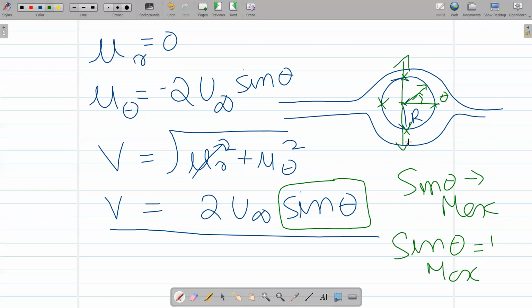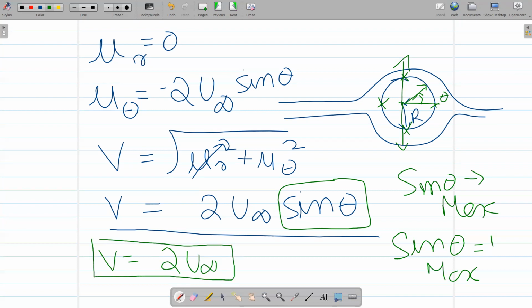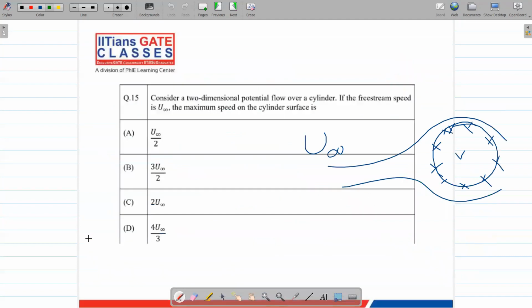Since we're concerned only about the magnitude of velocity, let's take theta equal to 90. So velocity is equal to 2 u infinity sine 90, which will be nothing but 2 u infinity. So the maximum value of the velocity that can occur on the surface of the cylinder is nothing but 2 u infinity. That's option C.